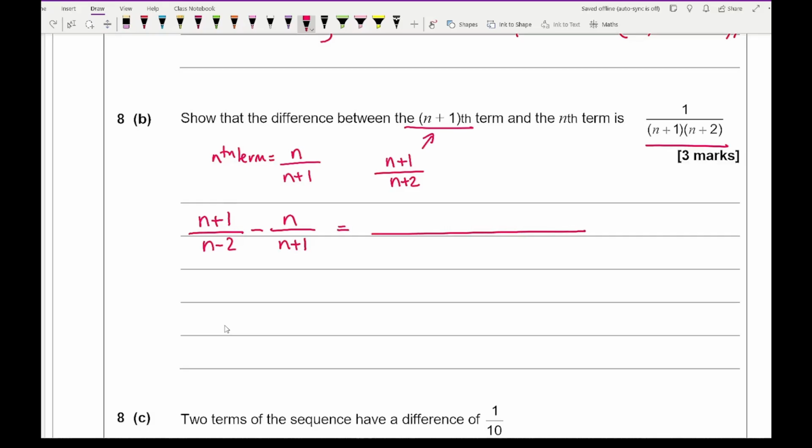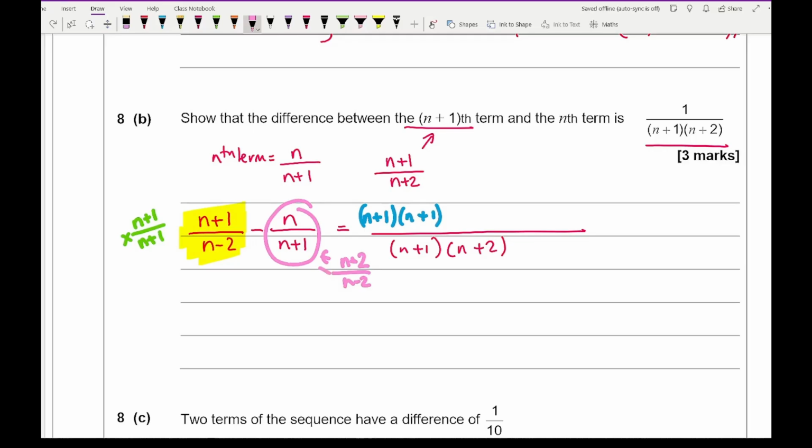So our common denominator is going to be n plus 1, n plus 2. Now to get that denominator, I need to multiply this first fraction by n plus 1 over n plus 1. So the numerator then becomes n plus 1, n plus 1. And we multiply this second fraction by n plus 2, so then that's going to be minus n, n plus 2.